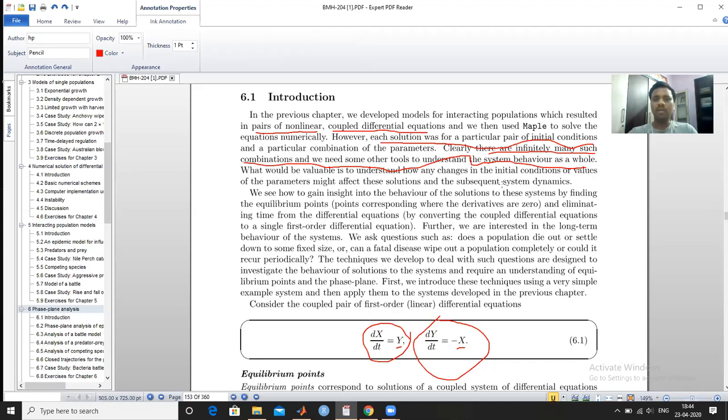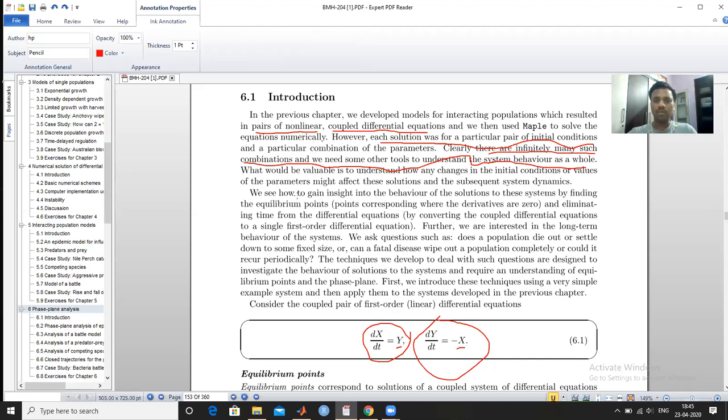So we can't estimate the overall behavior of the system based on some given initial condition. If we plot 10 solution curves, then we can't tell what the behavior of the system will be, how the solution curves will go. So without solving the system analytically, we can find out the characteristics by this phase plane.